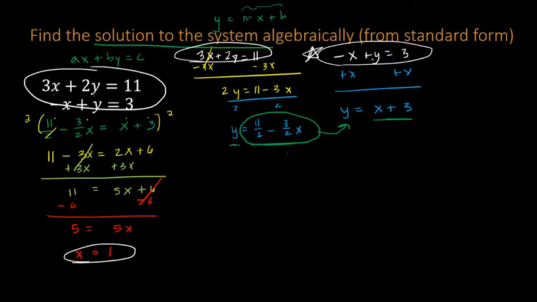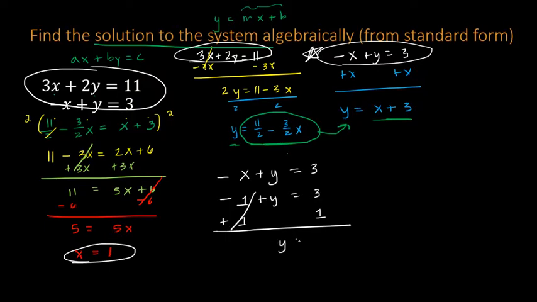So I've got negative x plus y equals 3. If I plug in a value of x equals 1, I have negative 1 plus y equals 3. I'll add 1 to both sides of my equation, and I get y is equal to 4. So the solution for this system is (1, 4).